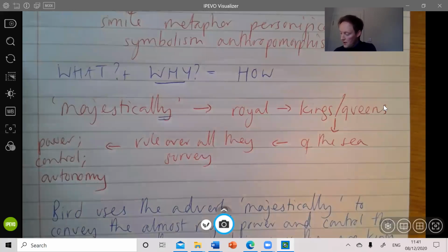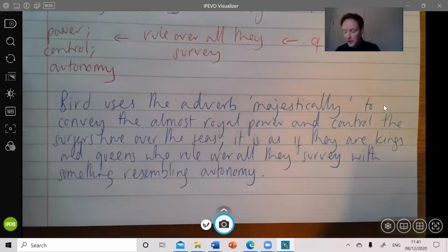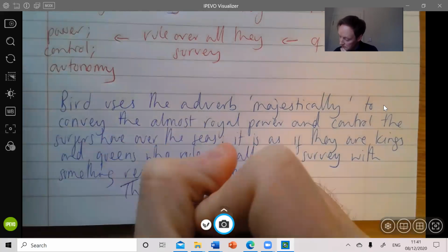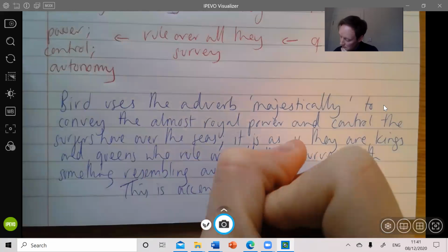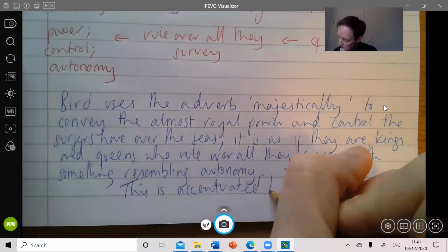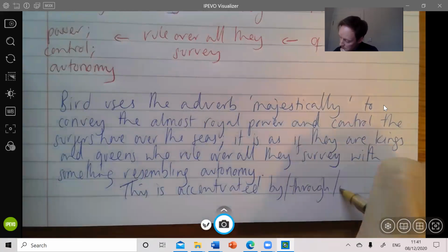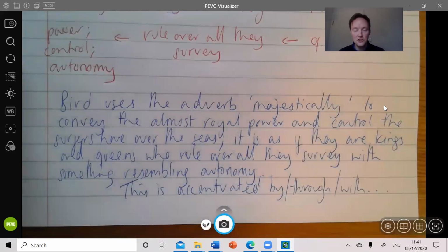So either I continue with this point here and I build upon it, and I build upon something with phrases like this: how something is accentuated, it's made more of, it's reinforced, it's added to by something, through something, with something, by words that the writer has chosen on purpose.